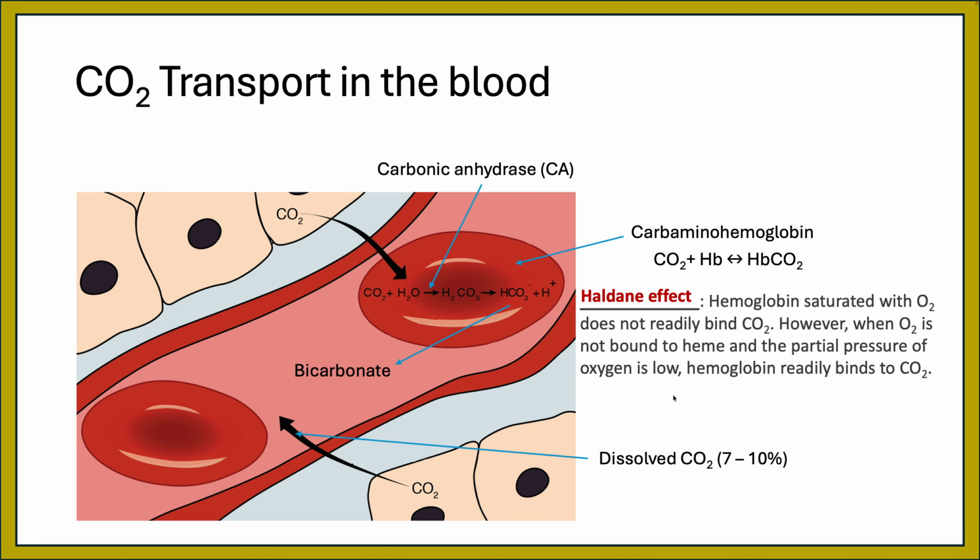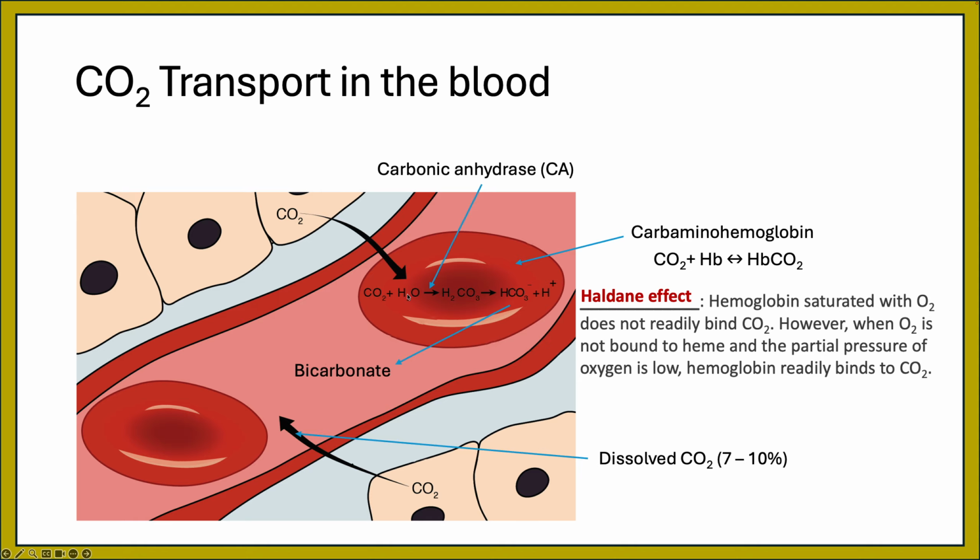Some of this was alluded to in the previous process, but how carbon dioxide is transported is variable. About 7 to 10% of it is going to be as dissolved carbon dioxide in the blood. But you do also have a significant amount being carried as bicarbonate ion.